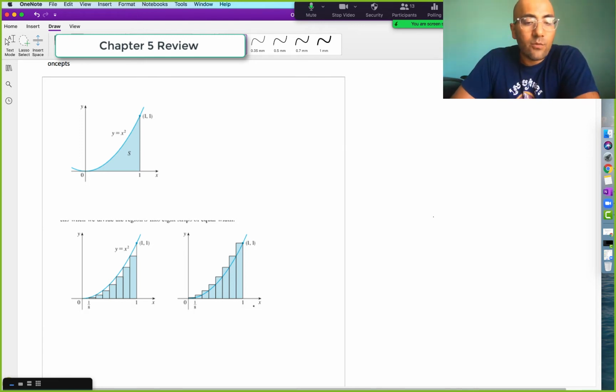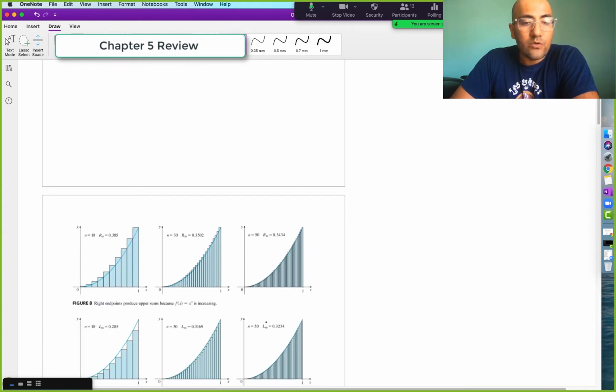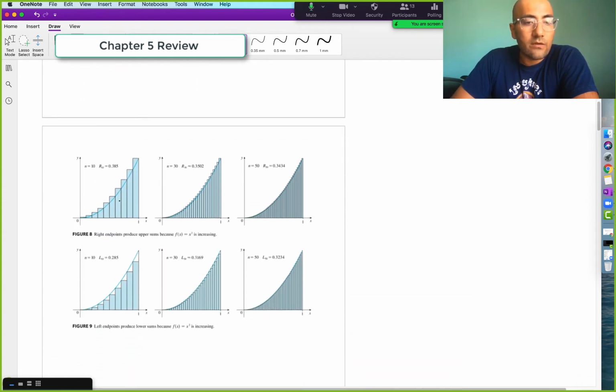And then, of course, if we want to get an even better estimation, what do we do? We use more rectangles. So here are some images of 10 rectangles, n equals 10, approximating that area. Here's 30 rectangles, here's 50 rectangles, all approximating it.